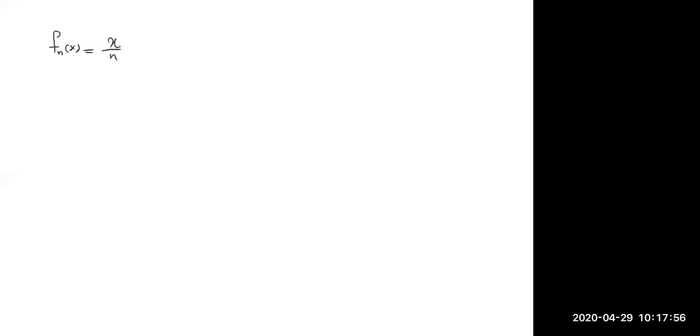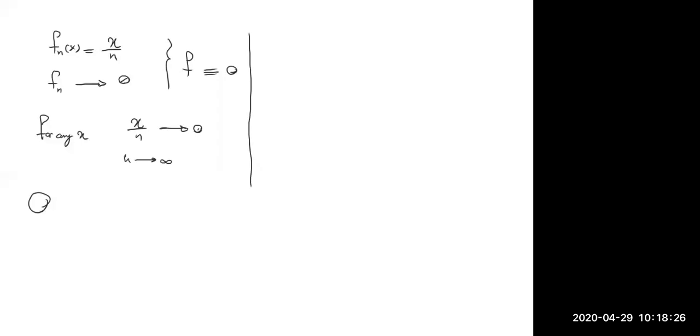And I said this sequence of functions fn converges to the constant function 0, because for any x, if you look at x over n, which is fn of x, when n goes to infinity, this would go to 0. So the limit f is the constant function 0. Okay. Now question: is this convergence uniform?